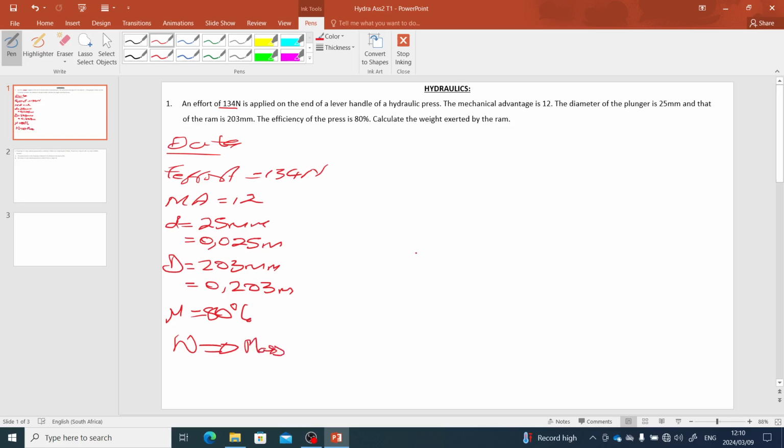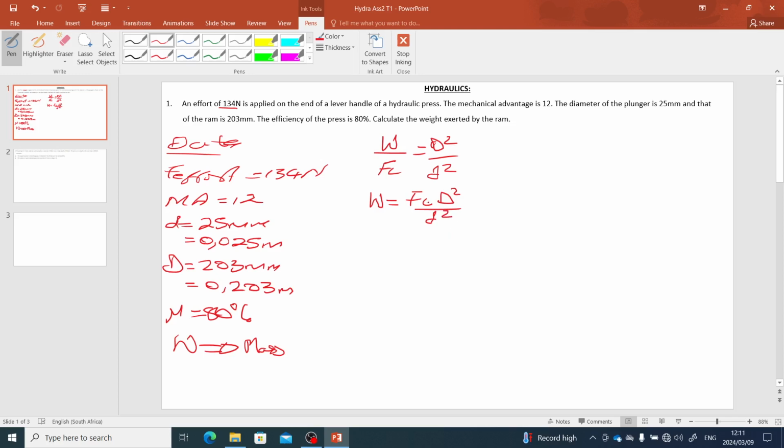Now, in calculating the W, we will be using this formula. W over F load equals big D over small d squared. Making W the subject of the formula, it will be FL multiplied by big D over small d squared.